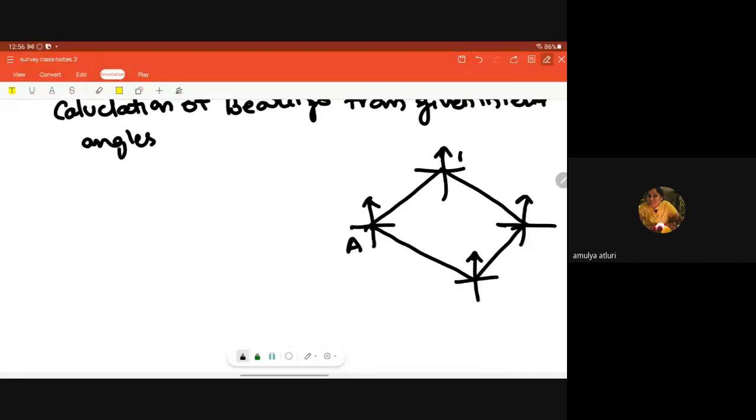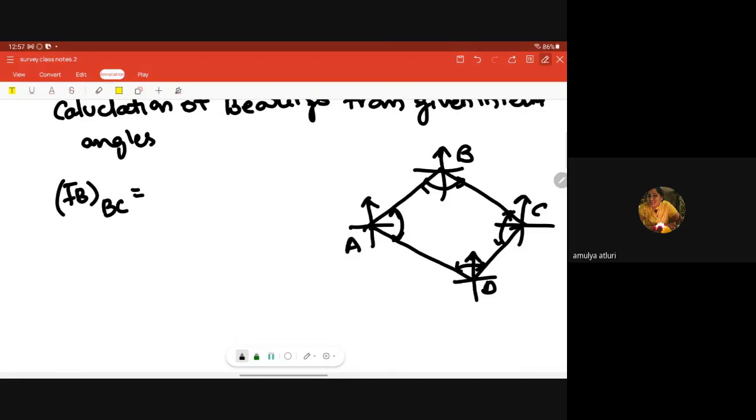A, B, C, and D. If I know all these interior angles, how do I calculate bearings? Forebearing of BC is equal to back bearing of AB minus angle B. Look at this. So forebearing of BC is equal to back bearing of AB minus angle B.